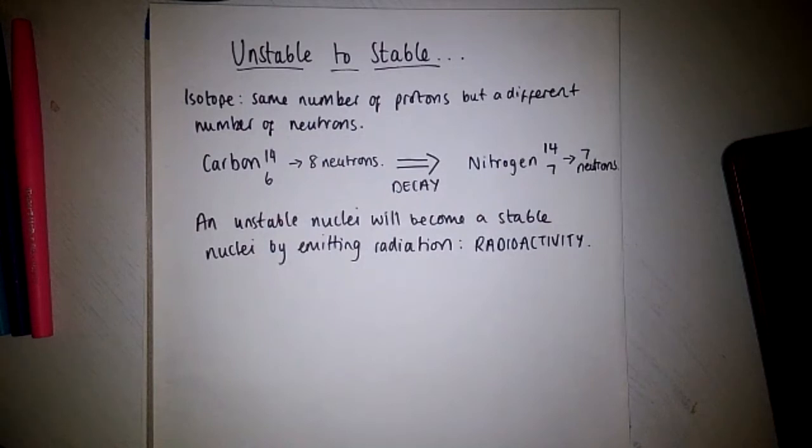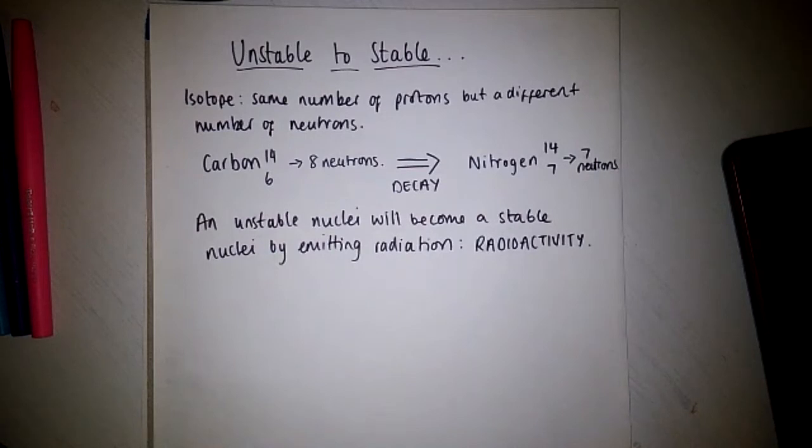We've already talked about the fact that this unstableness comes around because of a difference in the proton and neutron number, or if the nucleus becomes too large. But the question is, what determines if something is radioactive? Only unstable elements are radioactive.